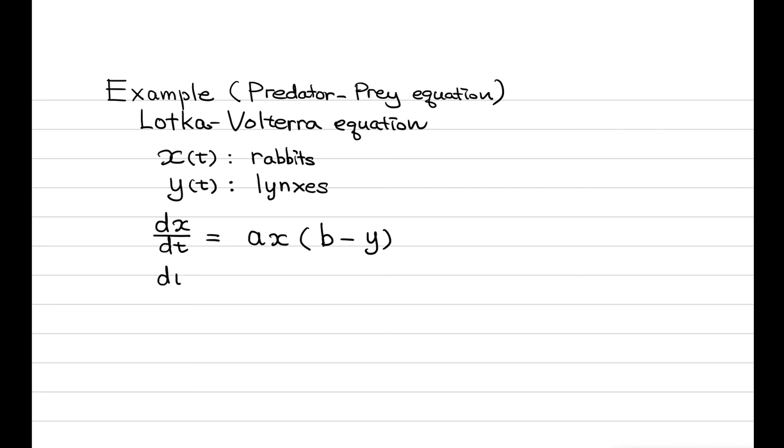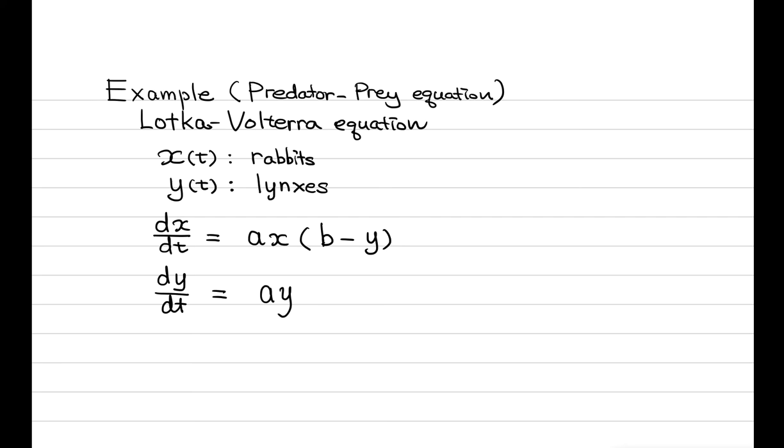Similarly, the population of the predator will increase with its own population without the rabbit. The predator needs rabbits. So if there are fewer rabbits, then the increasing rate will be smaller.